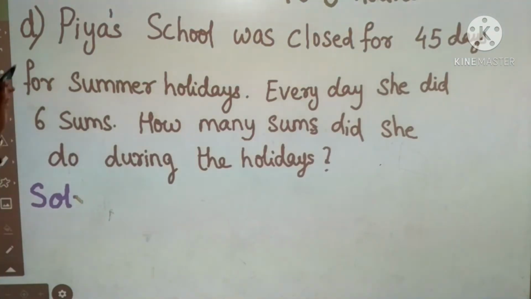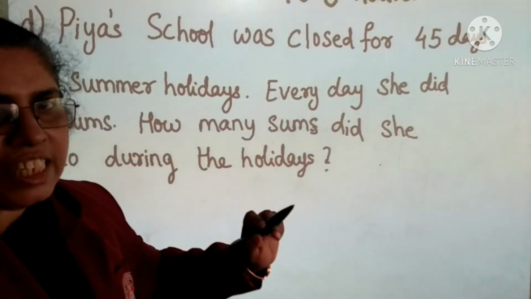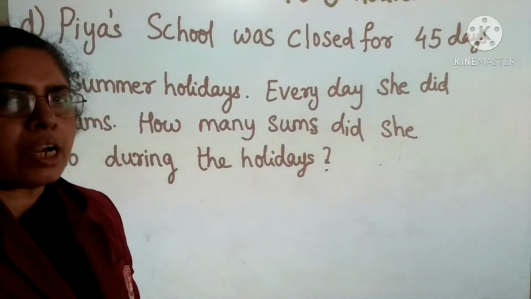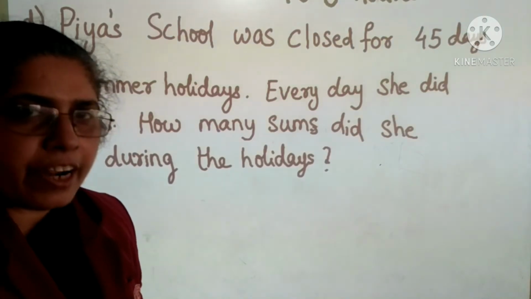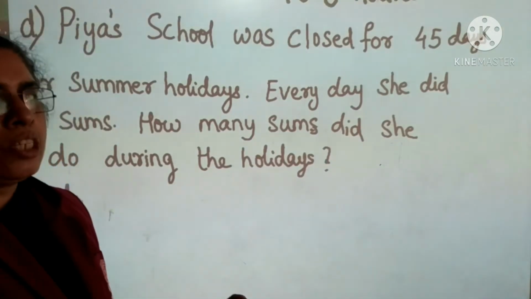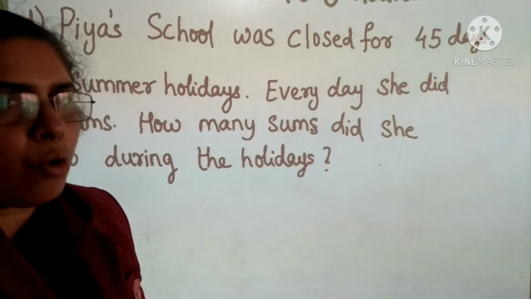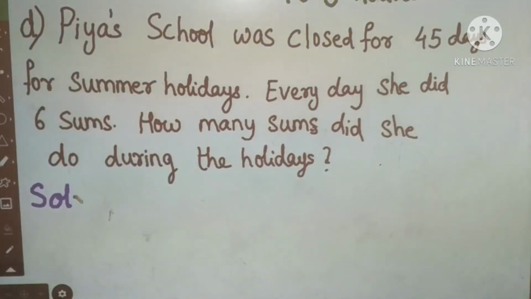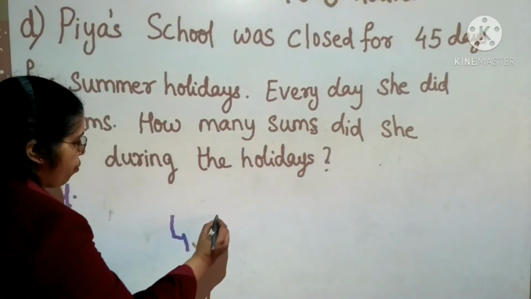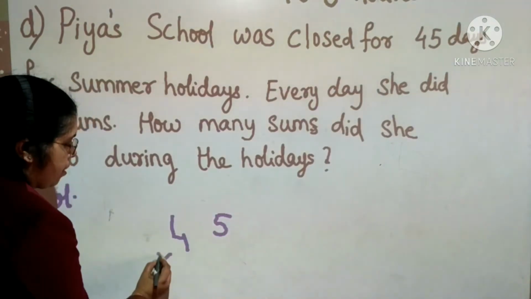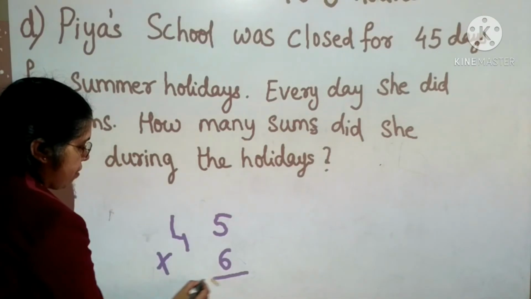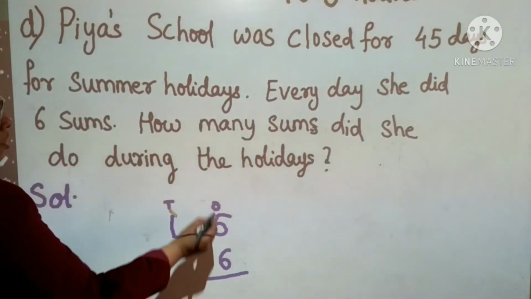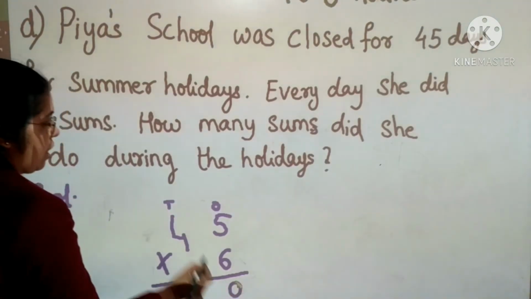So, one day she has done 6 sums. 45 days, how many sums has she done? So, how will you find? 45 multiplied by 6. 6 fives are 30.